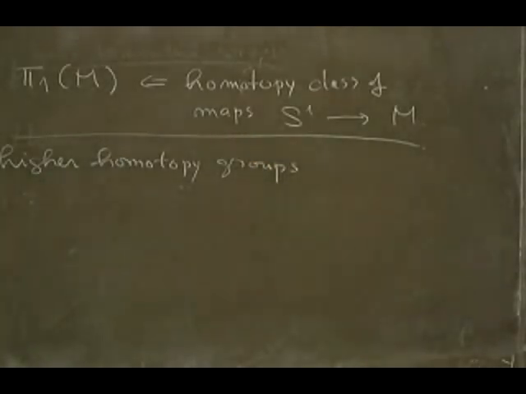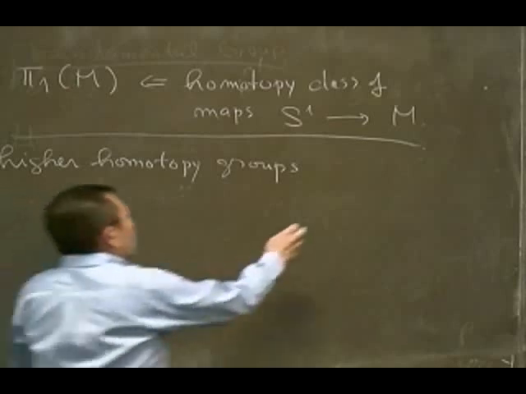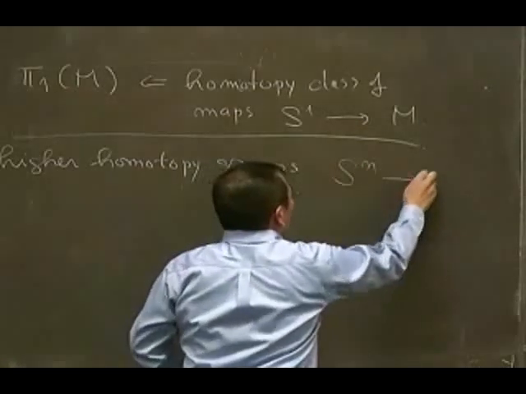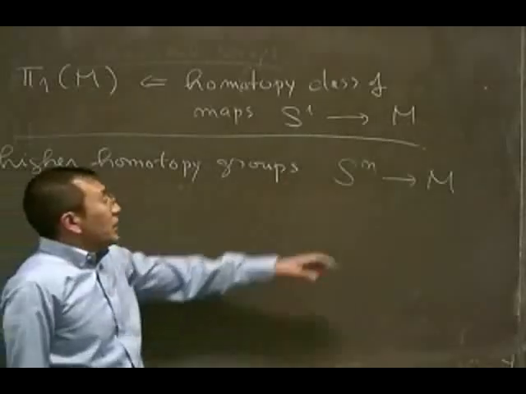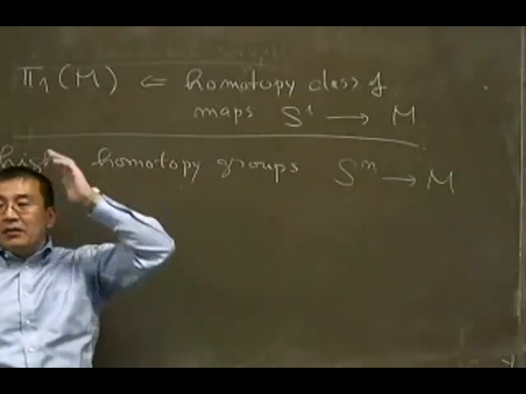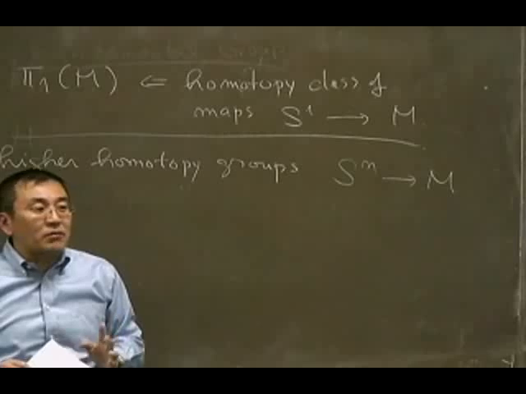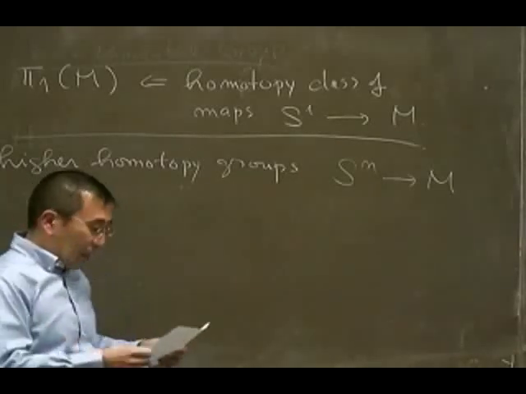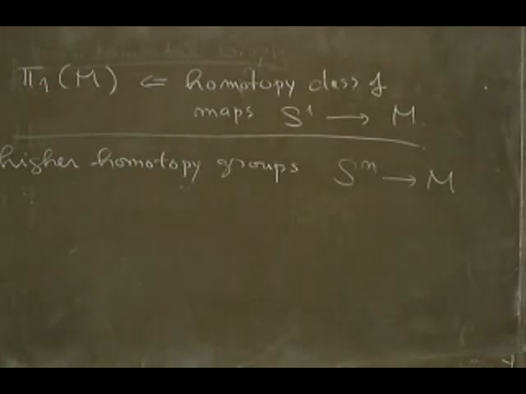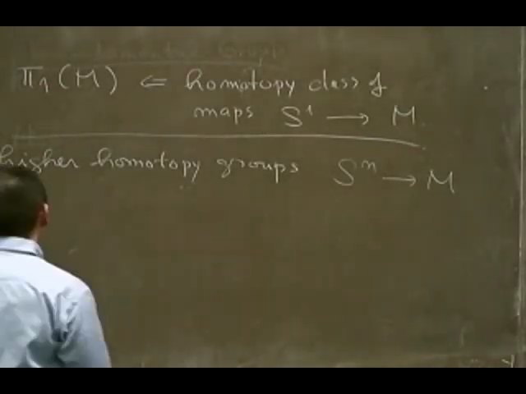We could have just said that we're going to consider maps from Sn to M and classify that. Well, that can be at the end of the story. But in order to actually define the multiplication property of homotopy classes to turn that into a group, it's a little bit awkward, but we're going to do this kind of construction.